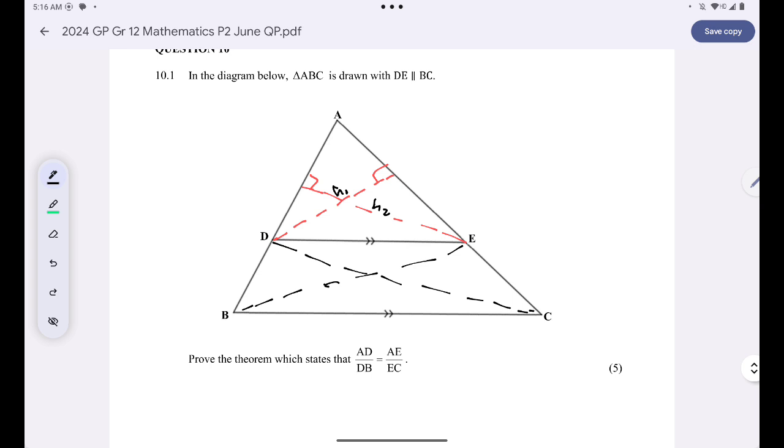Because I want to focus on this shape as a triangle, and also this one as a triangle.